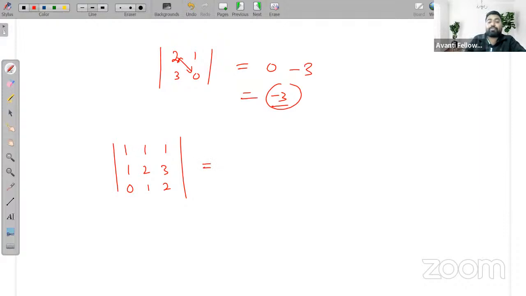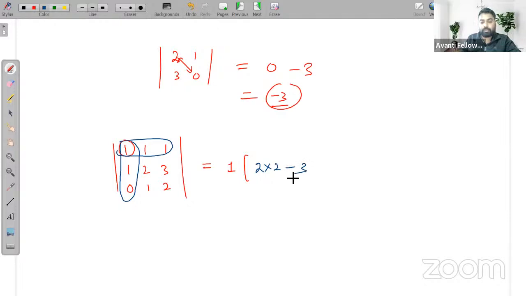First we take the first element of the first row and first column, that is 1, into, then forget about the corresponding row of the element 1 and the corresponding column of the element 1. Then what you have is 2 into 2, that is 4, minus 3 into 1, that is 3.